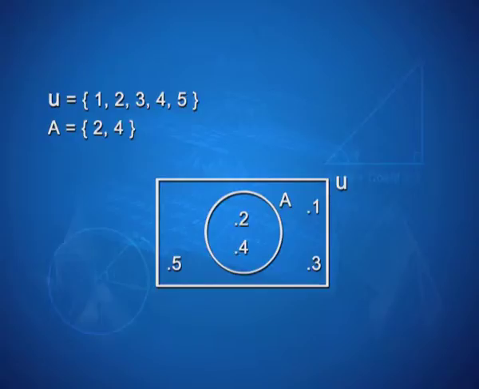The elements of set A will be written inside the circle. Since A has the elements 2 and 4, the numbers 2 and 4 will be written inside set A. And the remaining elements 1, 3 and 5 will be written inside the rectangle.